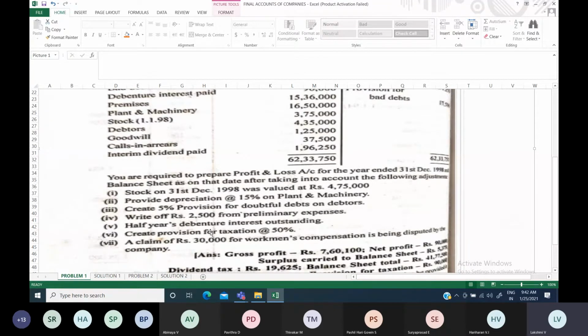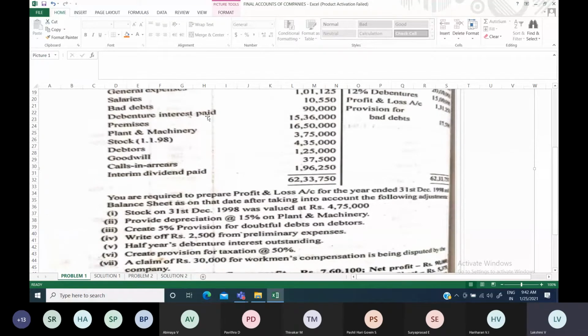So check the months also: 9 months or 6 months or 3 months. Just like outstanding salary, which you add, the outstanding interest you will be adding. Now, the outstanding interest amount they didn't give. If they give, you will straightly add that amount, but here you have to calculate.